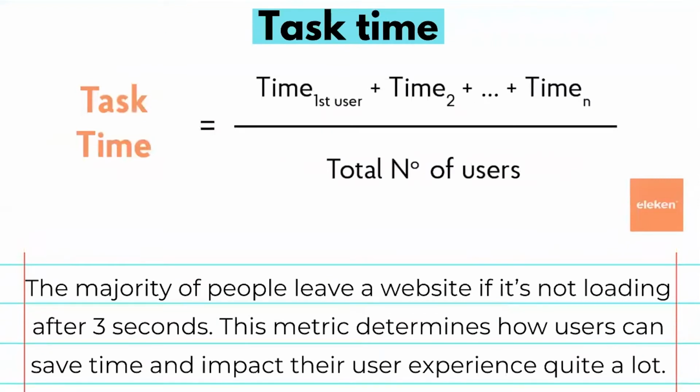So we have a few more formulas that you might want to incorporate when you are measuring and collecting your usability data during your usability testing. So you have your task time. The majority of people leave a website if it's not loading after 3 seconds. So this metric determines how users can save time and impacts their user experience quite a lot.